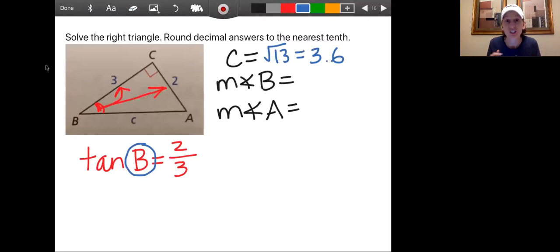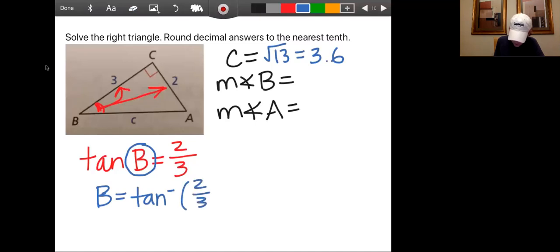It's being tangented. And so how do I undo that? Inverse tangent. So when you're looking for an angle, you use the inverse function or the second button on the calculator. And so angle B will be the inverse tangent of 2 divided by 3.